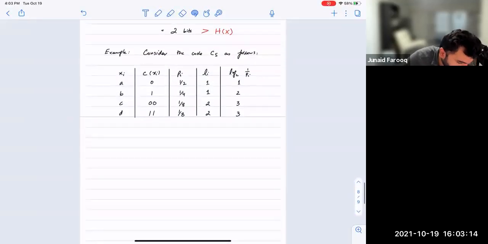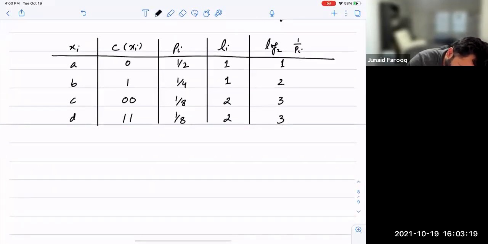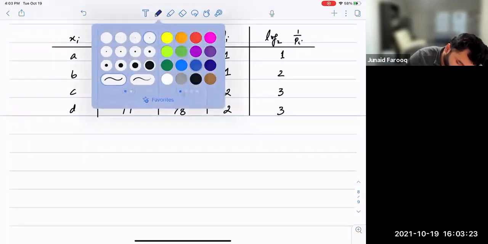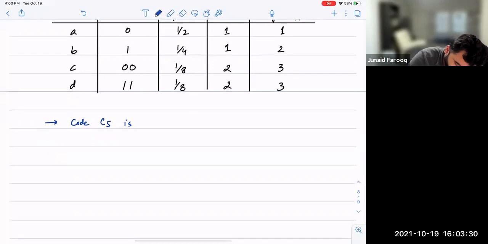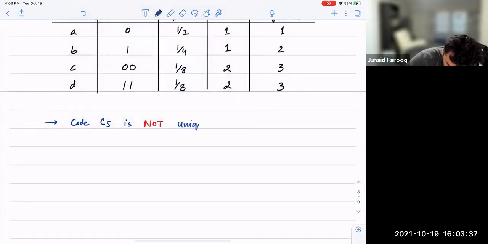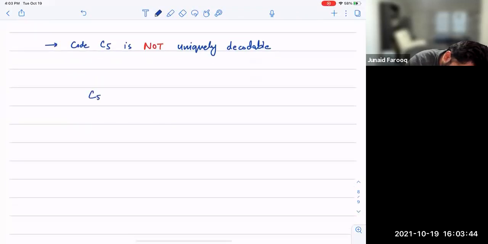Okay, so if you take a look at this example, the first thing you will notice is that code C5 is not uniquely decodable. And the reason, again, you can construct the tree. So you have 0, you have 1.